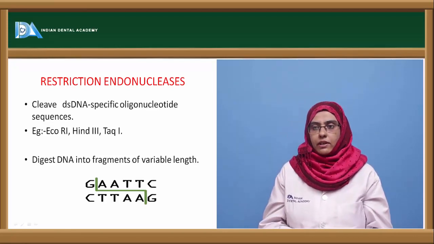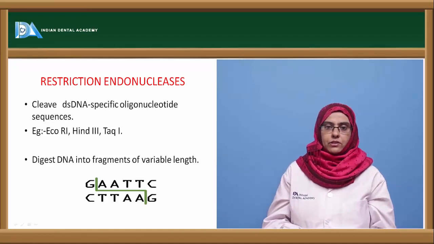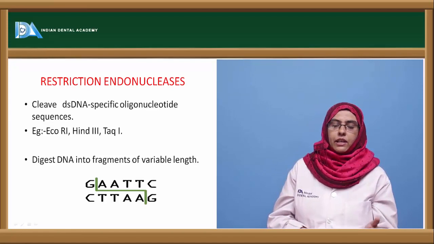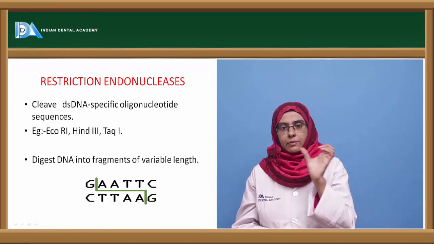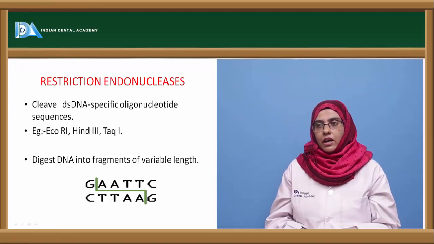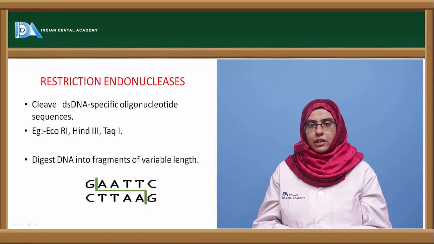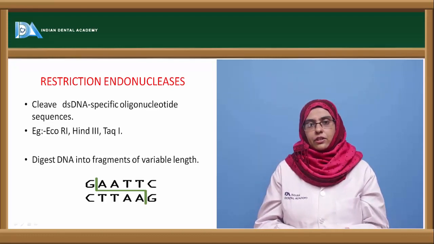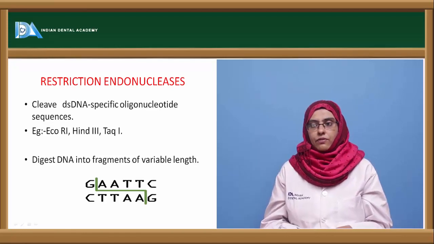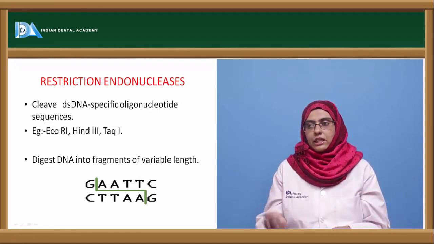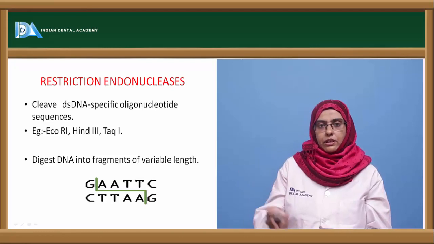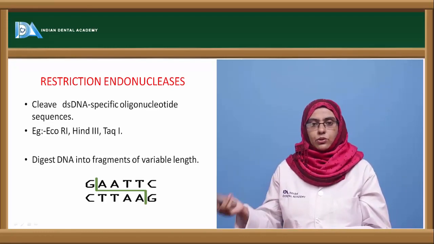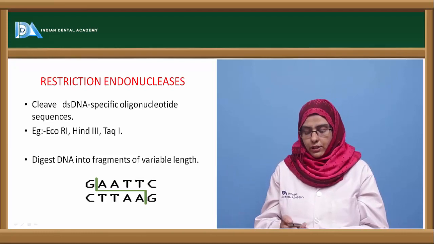Examples are EcoRI, HindIII, TaqI, etc. For different types of integration, different cutting at different sequences, we can make use of different restriction endonucleases. The main objective of restriction endonuclease is to digest DNA into fragments of variable length. You can see where they cut at a particular sequence on the slide. A similar restriction endonuclease is used to cut the vector DNA molecule.